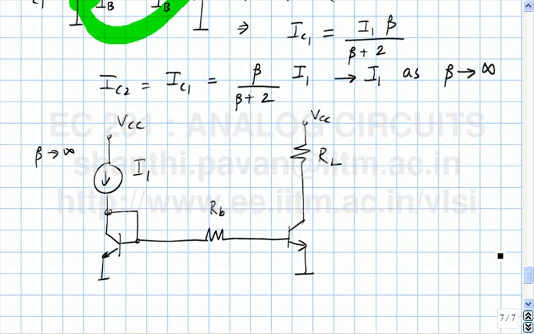And how do you hook on the input? Put an infinite capacitor, and then you have Vs. So can somebody quickly tell me what the quiescent voltage of the collector is? VCC minus I1 RL.